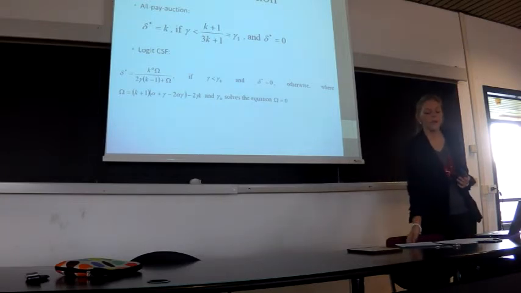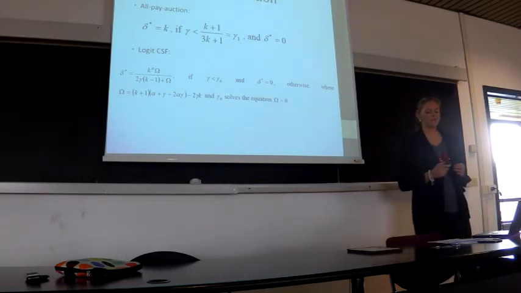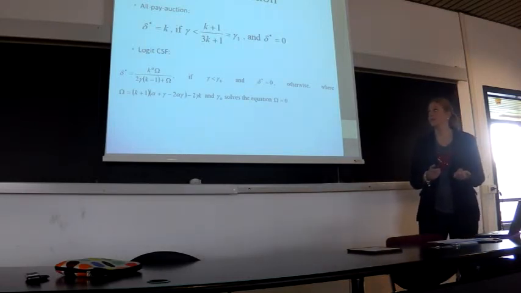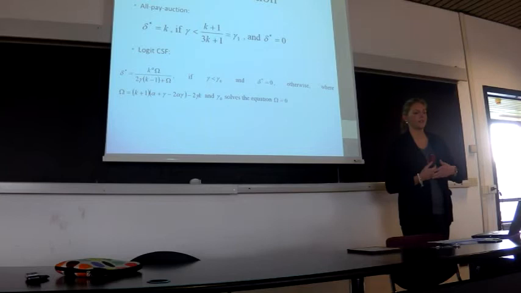And to underline the superiority of the all-pay auction, from these equations and the explanation I just made, we get that the all-pay option is always the superior CSF for the designer.